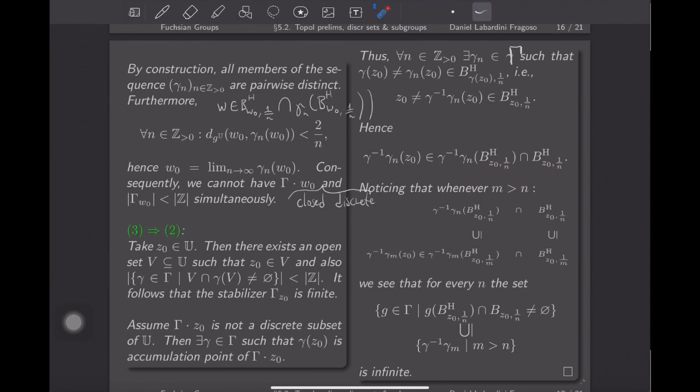So now this is at the nth step, okay? And now I want to see what happens when I move forward. But when I move forward, if I keep the center but decrease the radius, then of course I shrink. So I really have this inclusion.